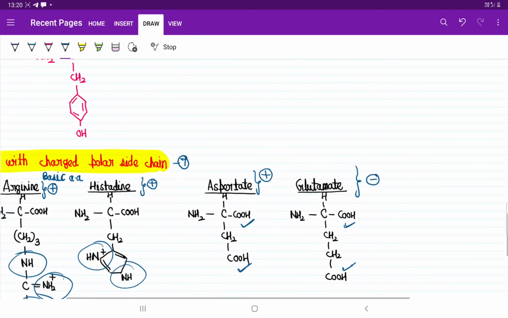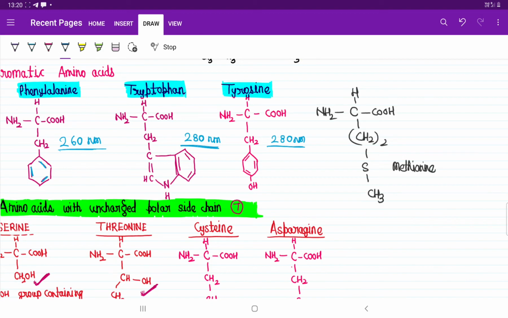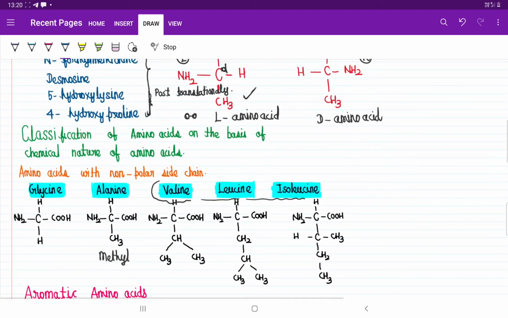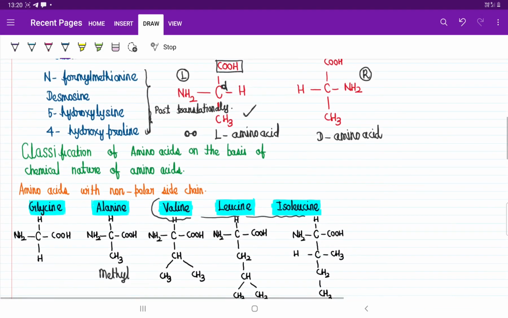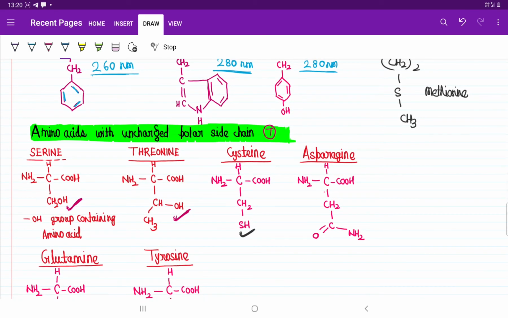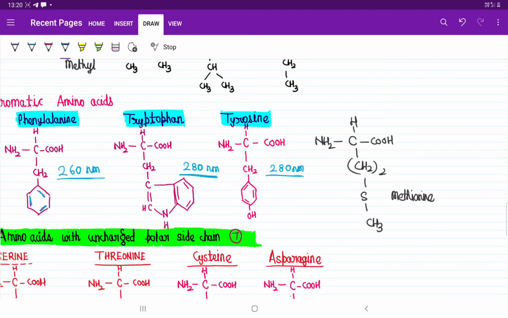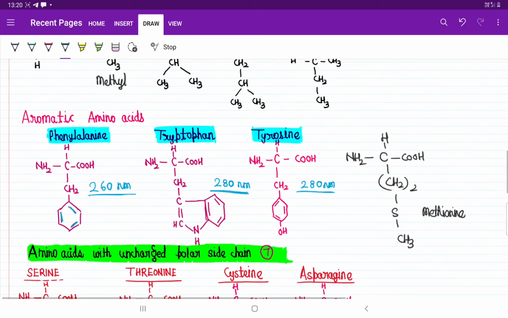And then we saw the hydroxyl group. Serine and threonine have an extra hydroxyl group. This is serine, this is threonine. They are hydroxyl group containing amino acids. And then we saw aromatic amino acids: tyrosine, phenylalanine, tryptophan.